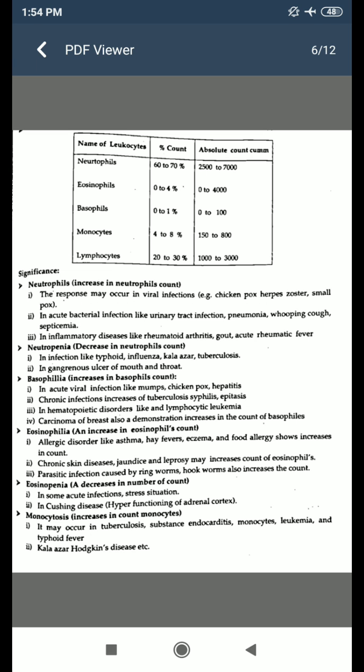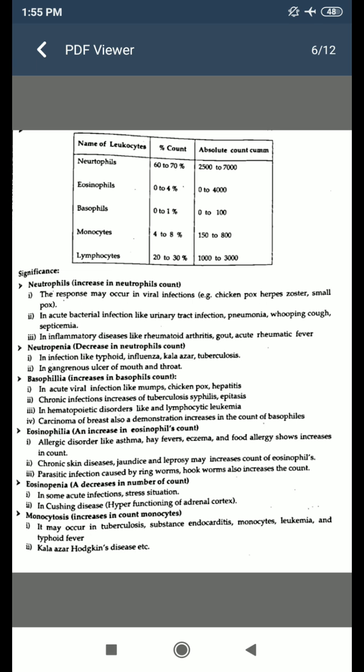Then parasitic infections caused by ringworm and hookworm also increase the count. Then eosinopenia, that is a decrease in the count, in some acute infections and stress situations. Then in Cushing disease, that is hyperfunctioning of the adrenal cortex.